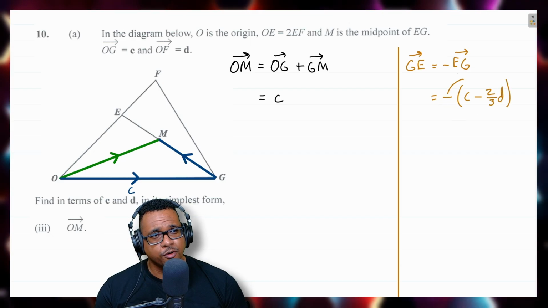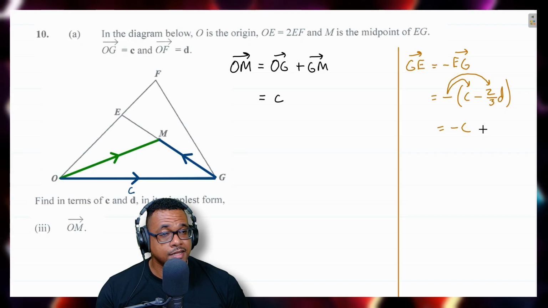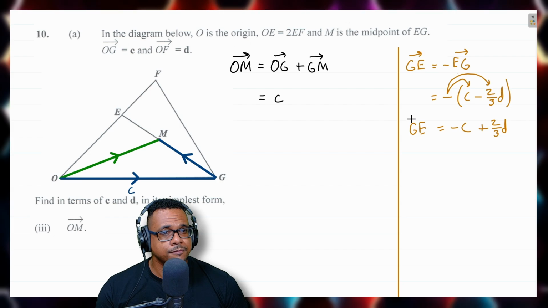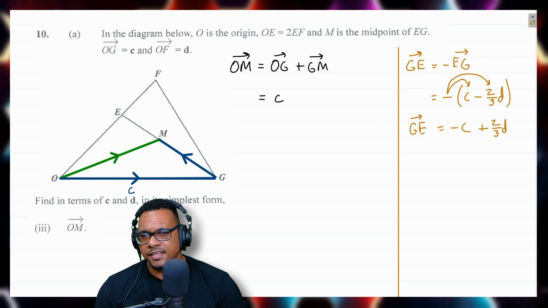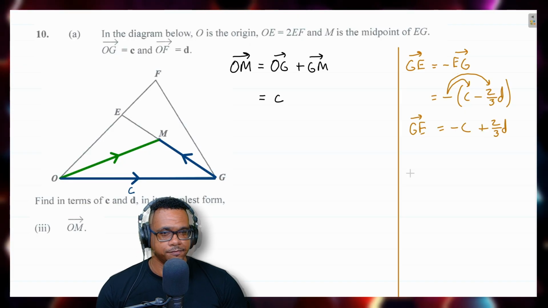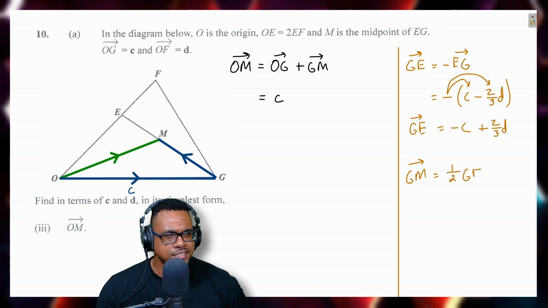So if I multiply negative 1 by c, we're going to get negative c, and negative 1 by negative 2/3 d will give you a positive 2/3 d. And that's my vector G to E. Now remember what I'm saying here is that GM will be half of GE. So GM is equal to half of the vector G to E.